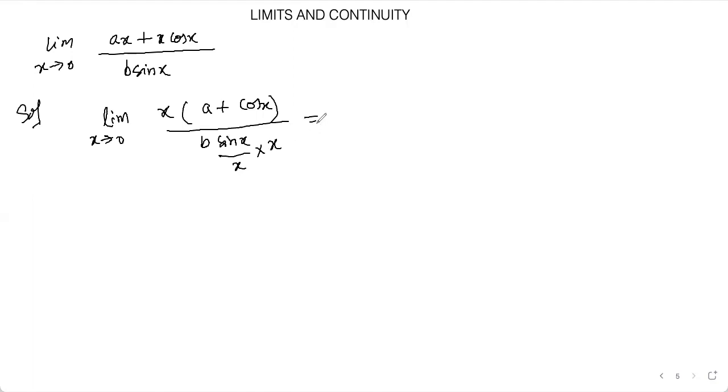Then let us apply the limit in the numerator and also in the denominator. Let us separate that. So this will be x, right? So I can cancel out 1 x here with this. So I'll have a plus cos x in the numerator, divided by the denominator.